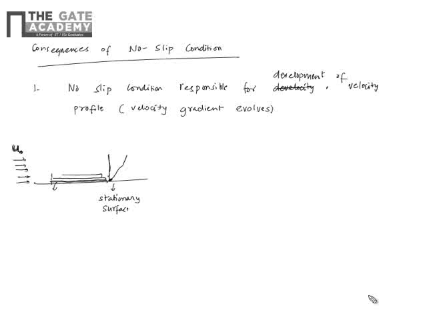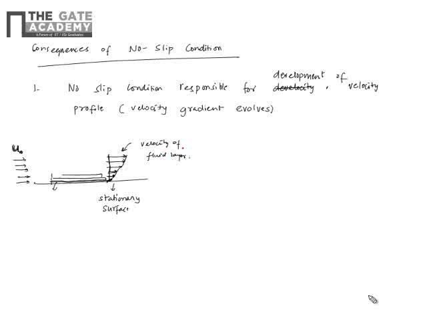So here the velocity is 0 at the contact point, and then the velocity slowly increases until the effect of this plate is no longer felt. Okay, so this is the velocity of the fluid layer.